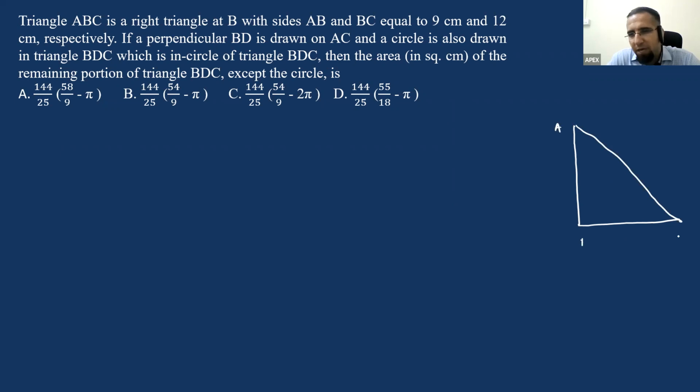A, B, B, C, 9, 12, 3 into 3, 3 into 4. And this will become 3 into 5. That is 15. Okay. Not very important. If a perpendicular is drawn from B, D on AC. So there's a right angle triangle inside a right angle triangle.